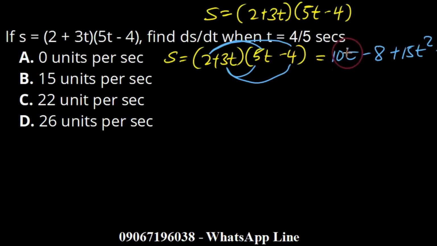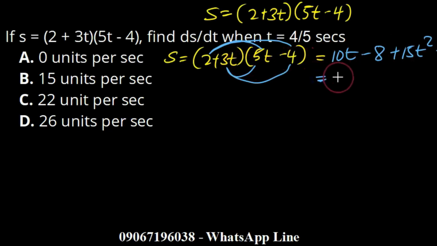Take note, so let's cross check that. 2 times 5t is 10t, 2 times minus 4 is minus 8, then 3t times 5t is 15t squared, and then 3t times minus 4 is minus 12t.